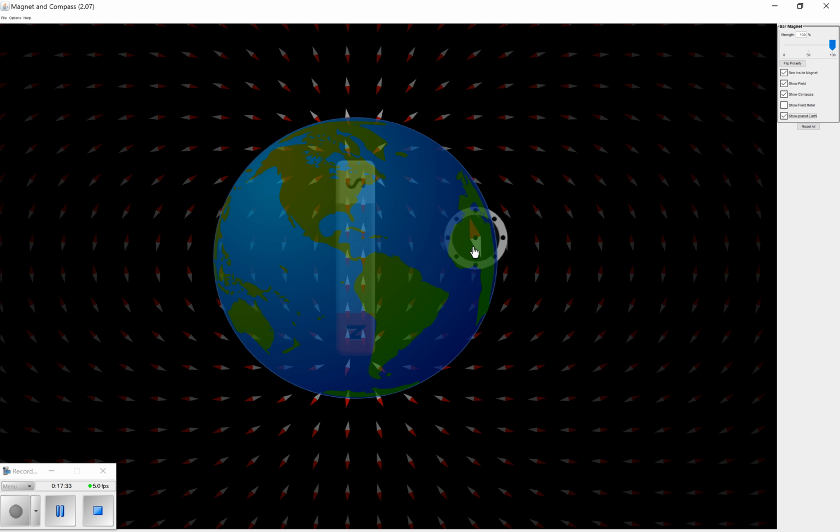And if I don't do this as quickly as I am, if we keep following where that is pointing, we are eventually going to get north. And if we were actually walking here, this might be a little more subtle. We wouldn't be moving as far east, but the compass would continually point along that field, and we would eventually just start moving towards that geographic south pole, which would get us up towards geographic north.